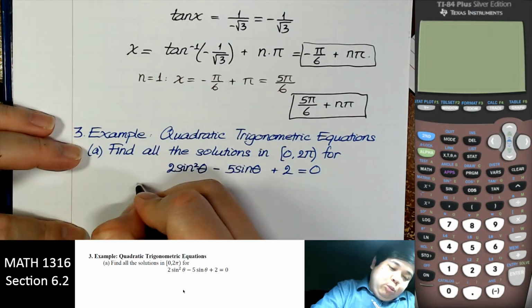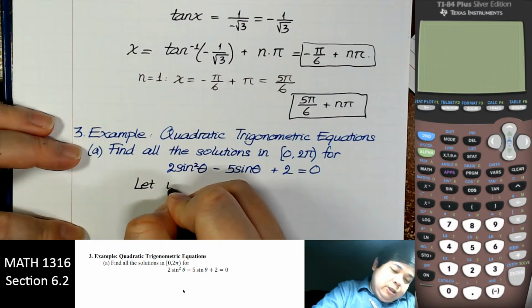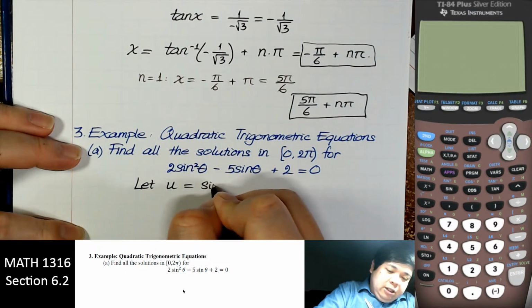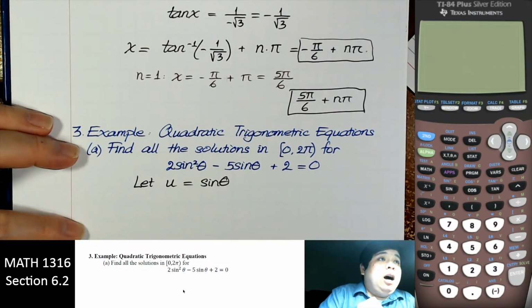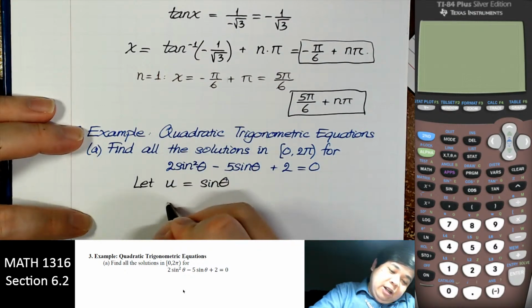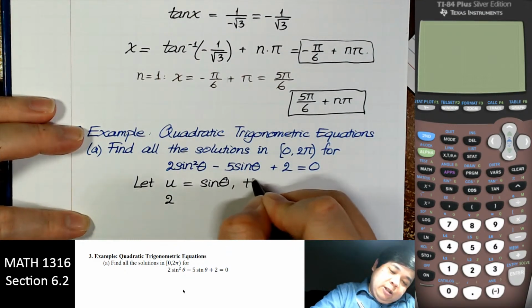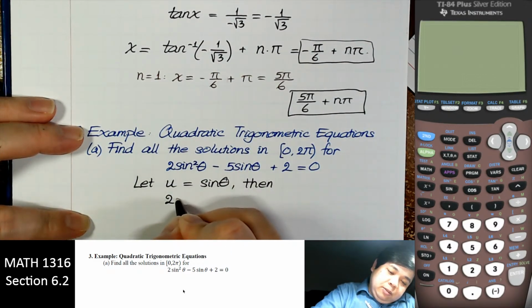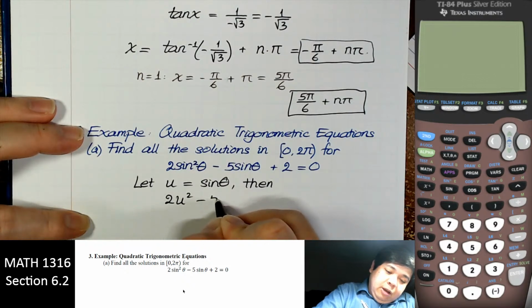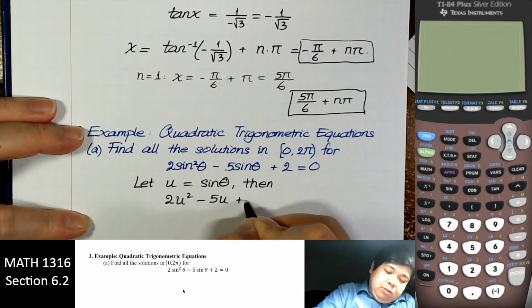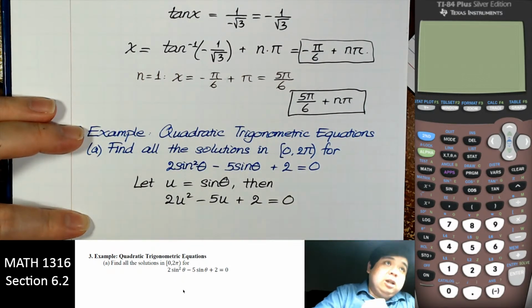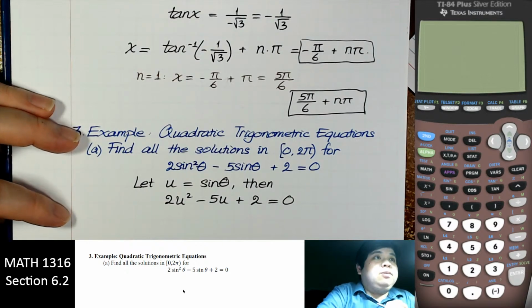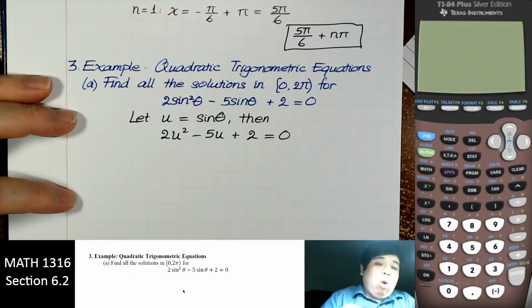So if we let u equal to sine of theta, in that case we will have 2u squared minus 5u plus 2 equal to 0.